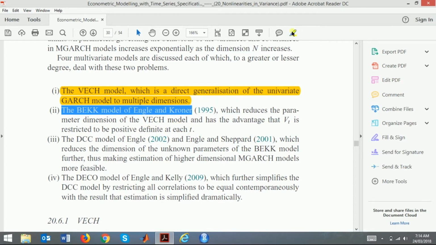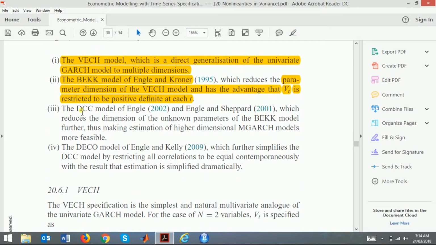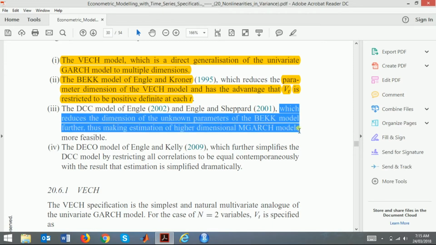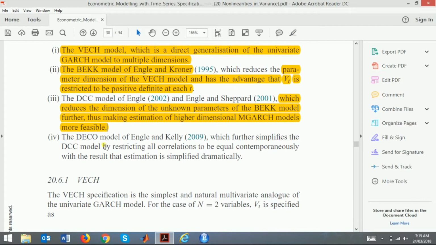The BEKK model of Engle and Kroner, which reduces the parameter dimension of the VEC model and has the advantage that Vt is restricted to be positive definite. So first of all, the number of parameters decreases, good, and V remains positive definite, beautiful. The DCC model of Engle and Sheppard, which again reduces the dimension of parameters of the BEKK model. Again, this is a dimension reduction technique.